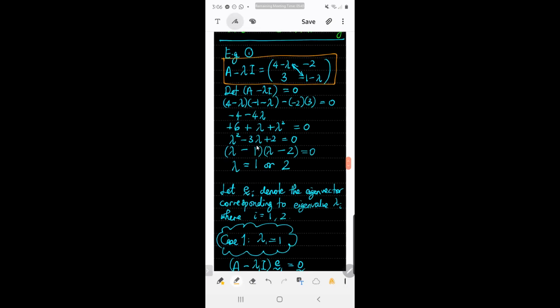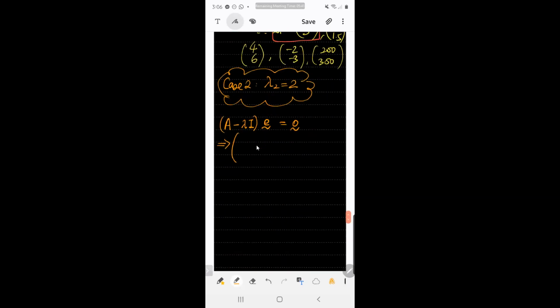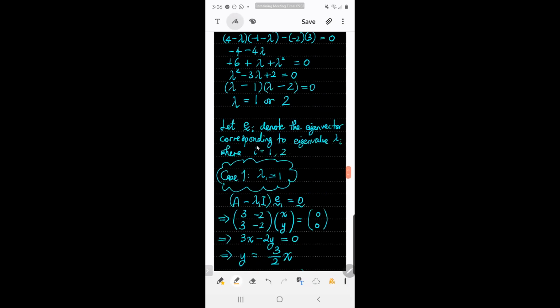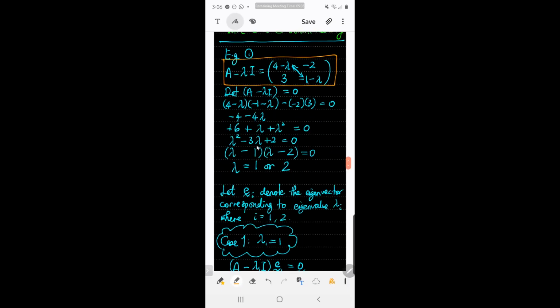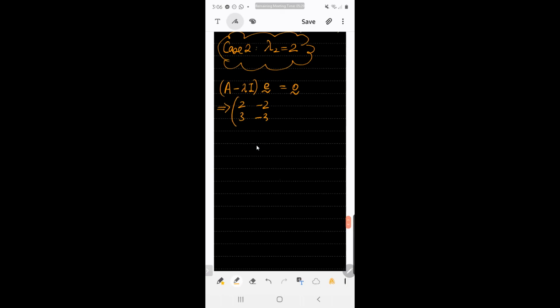So the first one is 4 minus 2, so you get 2. The first column is 2, 3. The second column, you have -2, and then -1 minus 2, so -2, -3. Multiply by the eigenvector in the form x, y. This will give you the 0 vector.